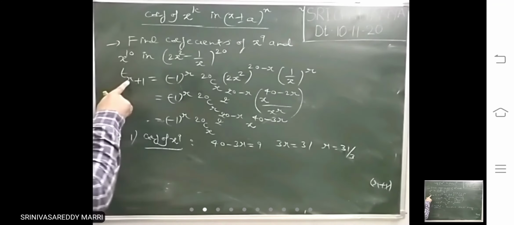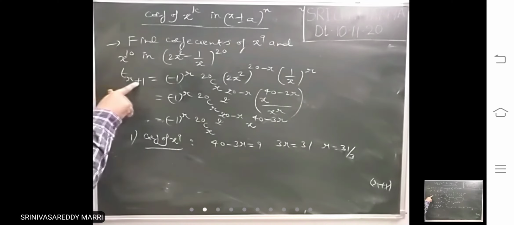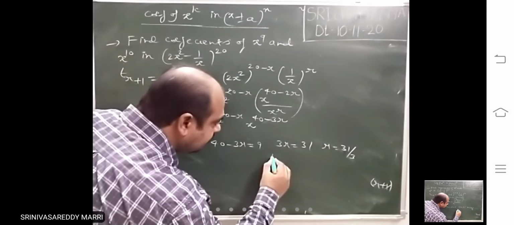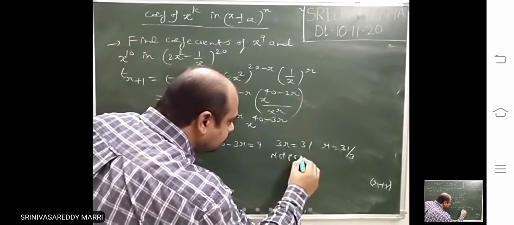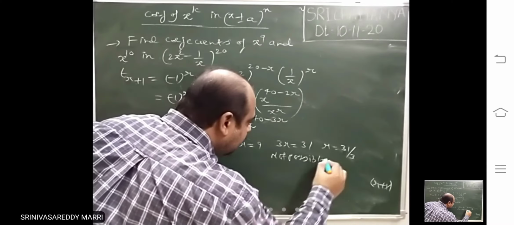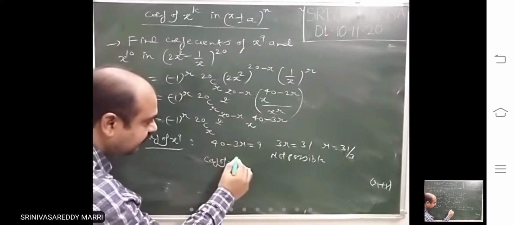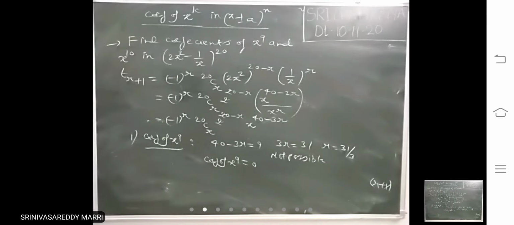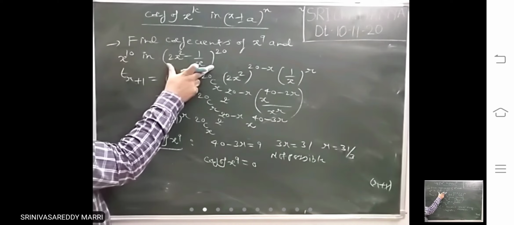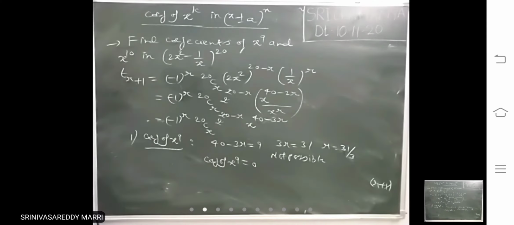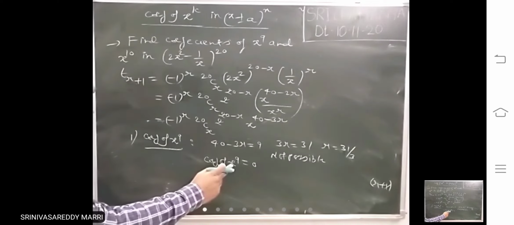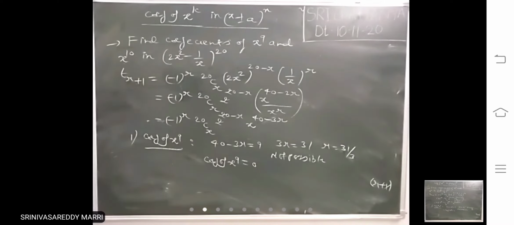If you substitute 31 by 3, term 31 by 3 plus 1 is not possible. Not possible means the coefficient of x power 9 equals 0. In this expansion of 21 terms, you won't get x power 9 anywhere. That means the coefficient of x power 9 is 0. It will not exist.